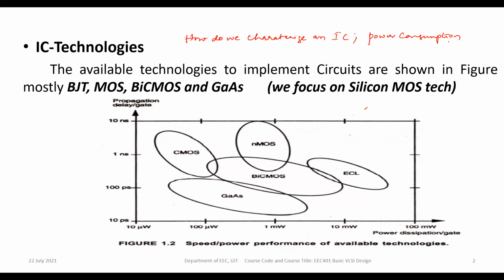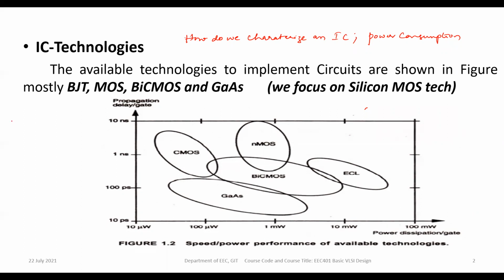What do we mean by the power consumed by the circuit? It means that the circuit has to take power from the power supply, and it utilizes that energy within the circuit. While it is utilizing that power, it generates some kind of heat.